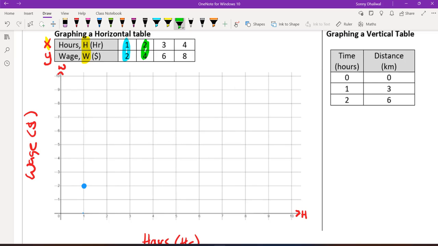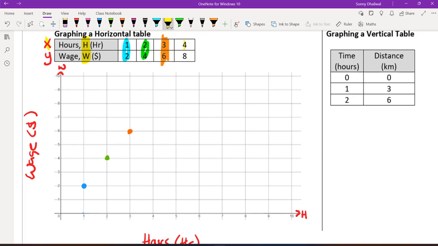Next point, 2 and 4. So starting at 2 on x up to 4, we're going to place a dot. There we go. Then the next one, I'll use orange. X value of 3, y value of 6. Place a dot.